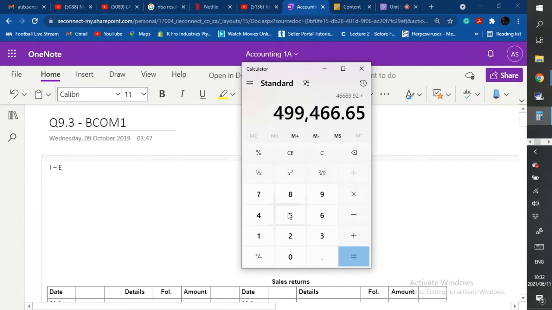Okay, so interest on current account was 574.50. Okay, and then your interest received was 2,672.27. Okay, so that's all your income. Okay, so maybe let's just write this down here somewhere quickly.